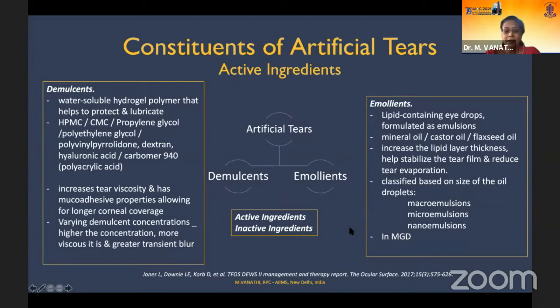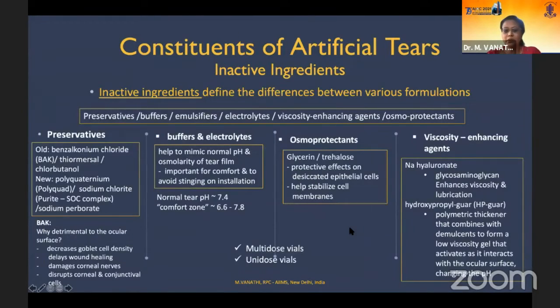So basically, they have an active ingredient and an inactive ingredient. The active ingredients are demulcents, which are water-soluble hydrogel polymers, which could be either cellulose-based, or they could be a PEG-PG combination. They help to increase the tear viscosity, and they are used in varying concentrations. Emollients are basically lipid-containing formulations, which would increase the surface retention.